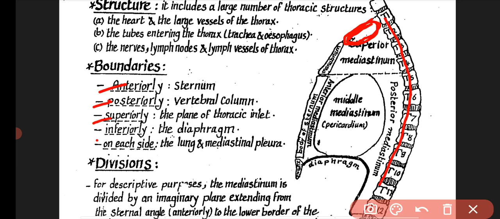Inferiorly is the diaphragm. On each side are the lung and the mediastinal pleura. Here is one lung and on the other side is the other lung. So these are the boundaries of the mediastinum.